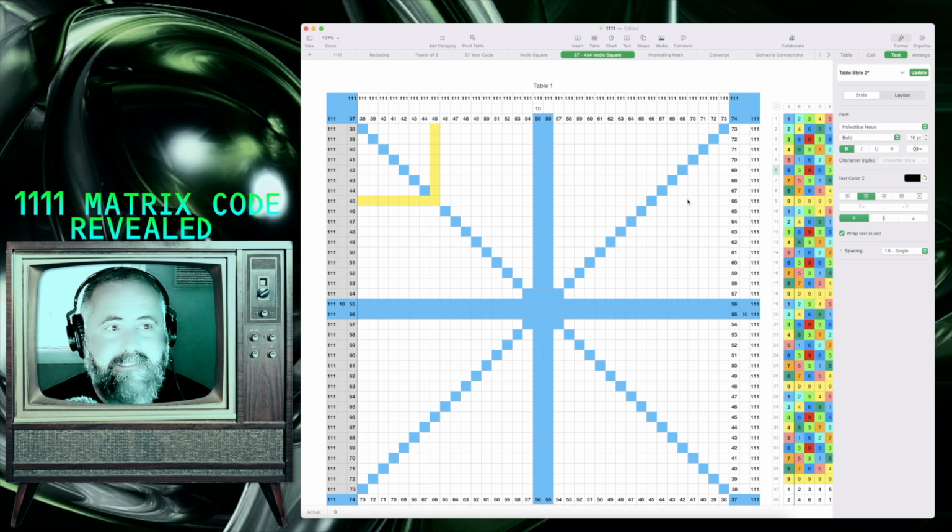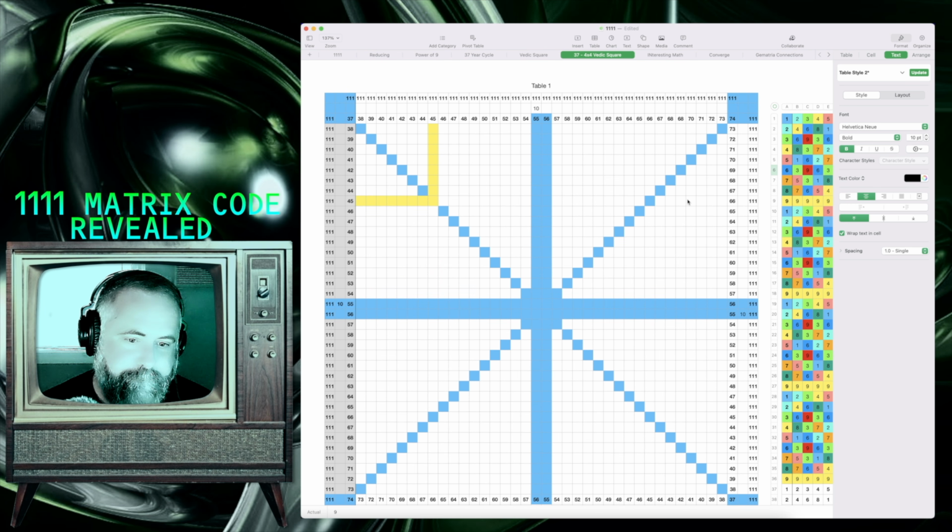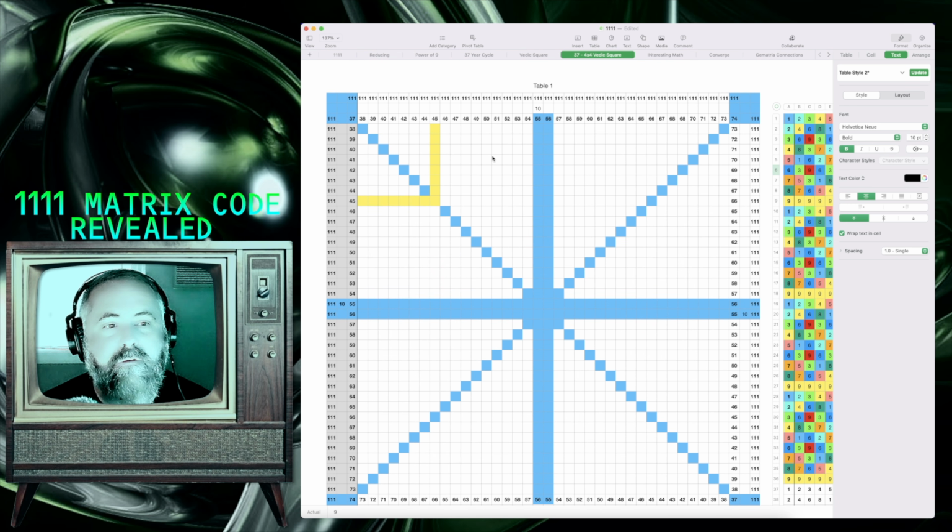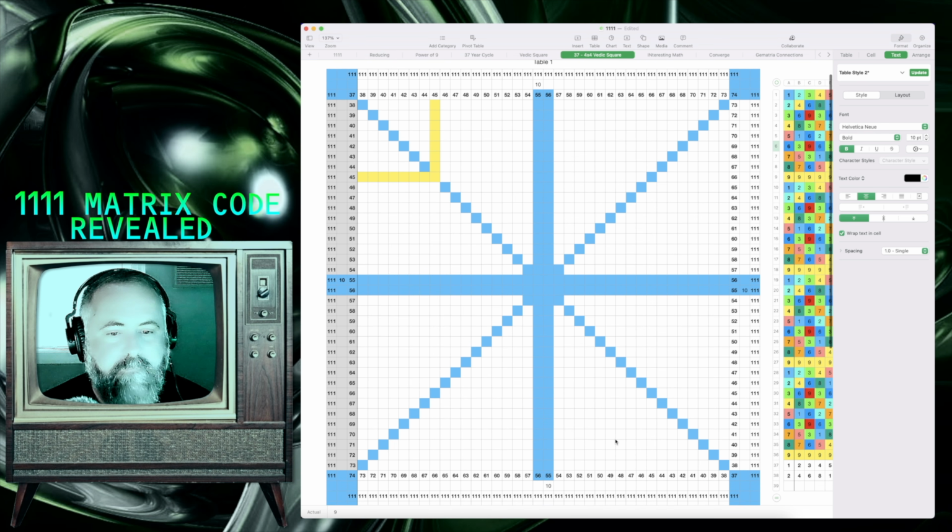So let's start here. Looking at this Vedic square and how each one of these numbers goes along the top and the bottom, and I mentioned this in the last video, when you add the top number to the bottom number, you get 111. So 37 plus 74 is 111. The next numbers, 38 and 73, is 111, and so on, straight across.